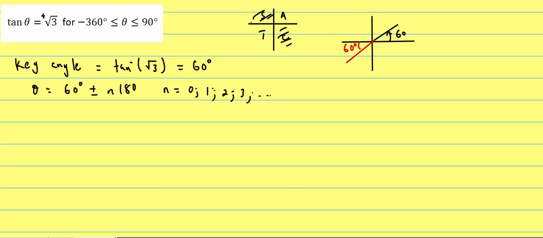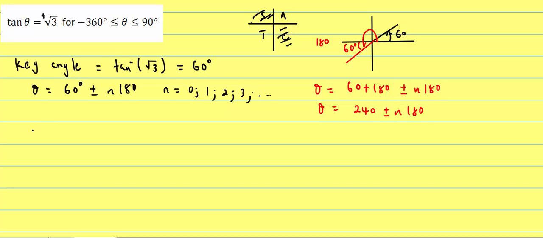Now if I look for this second angle, which is going to be 180 degrees plus the 60 degrees, the second general solution is theta equal to 60 plus 180 plus or minus n 180. So theta is going to be equal to 240 degrees plus or minus n 180.